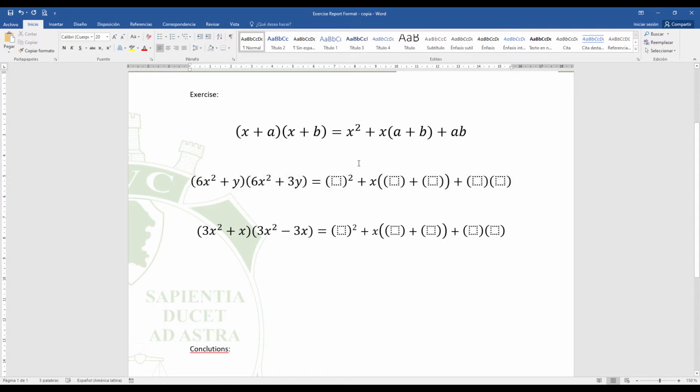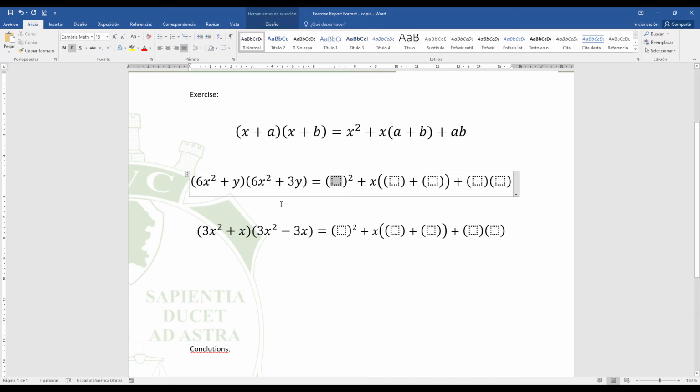Now remember, to know that you are working with binomials with a common factor or common term, you need to be sure that you have the same term in both binomials, and you have two different terms. Remember we will apply the structure.